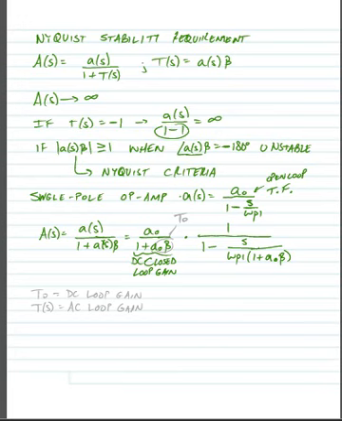Now we might label this term A sub 0 times beta T sub 0, the DC loop gain. So T sub 0 is our DC loop gain. T of S is our AC loop gain.